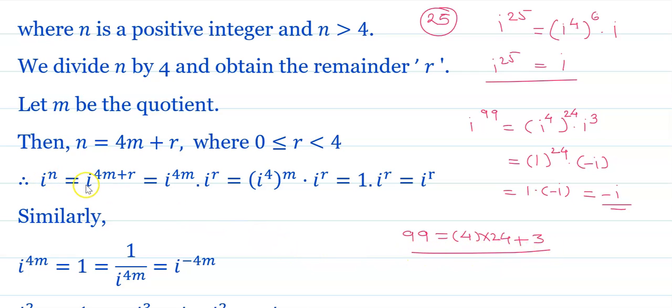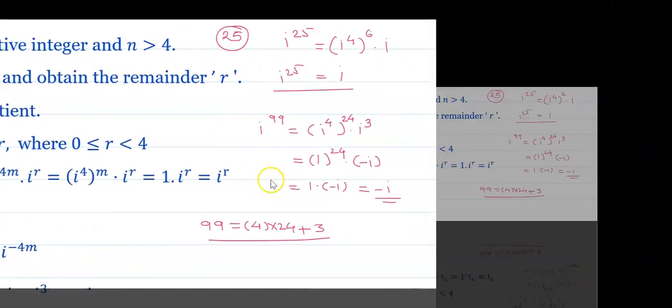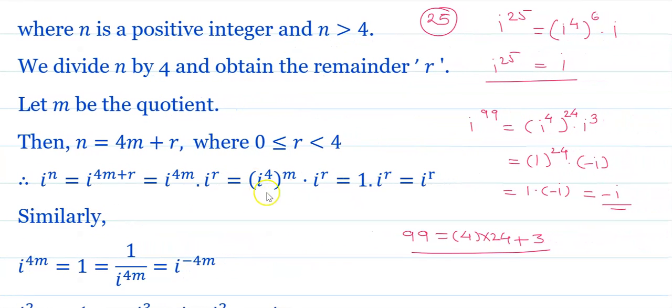And therefore i raised to n equals i raised to 4m plus r, and it is written as i raised to 4m dot i raised to r. But i raised to 4m can be written as i raised to 4, bracket raised to m. But what about i raised to 4? It is 1. 1 raised to m is again 1. And its value is nothing but i raised to r. So any large number can be converted into a very small number.